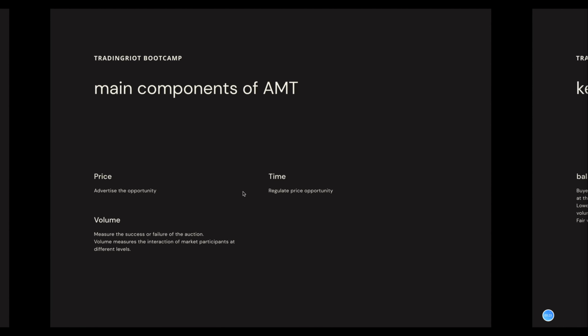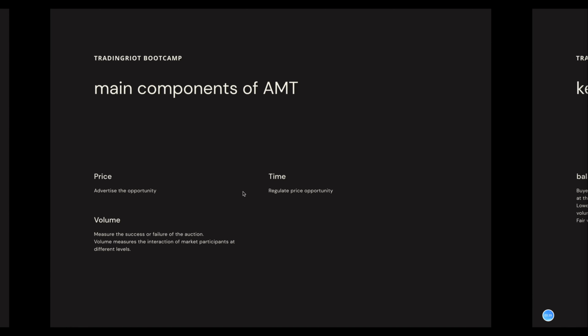If we translate this into simpler terms, obviously the price is where you get your trading levels and trade ideas from.